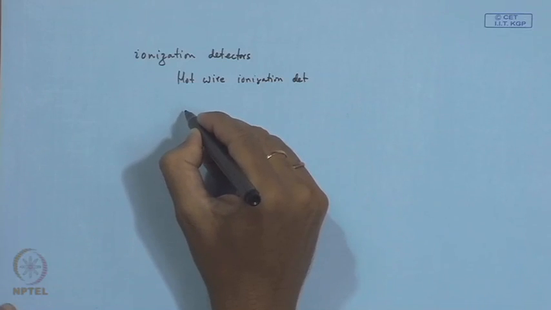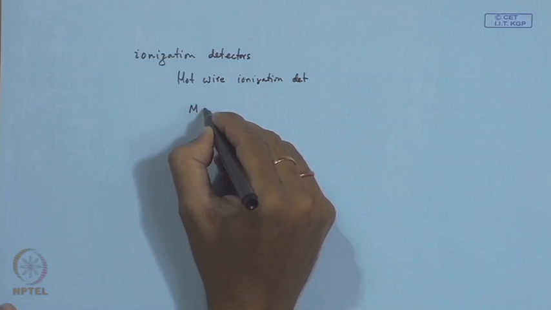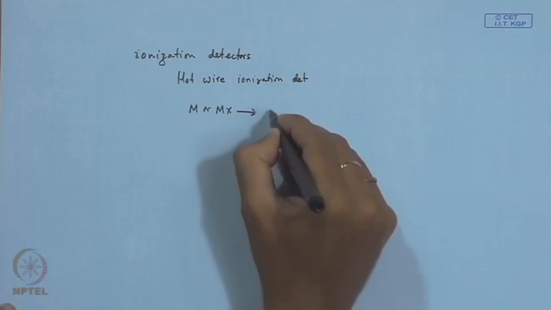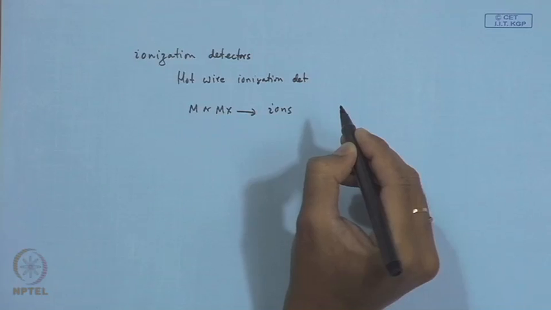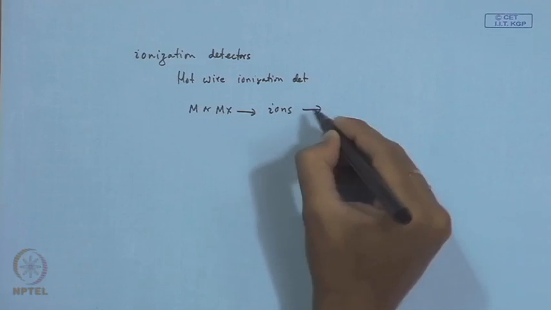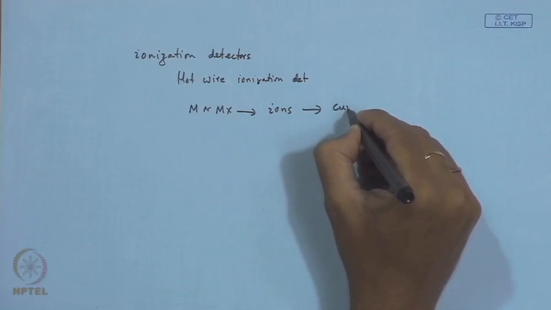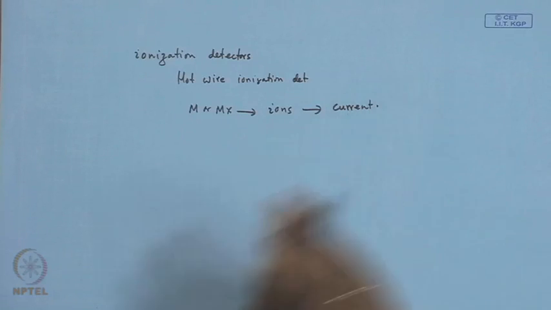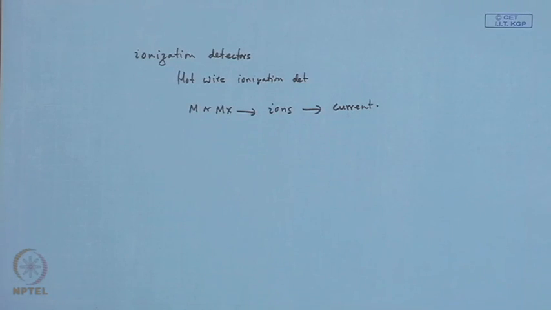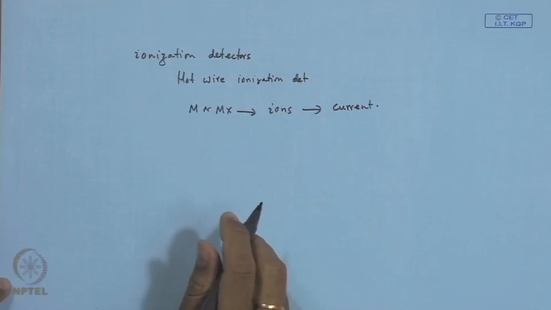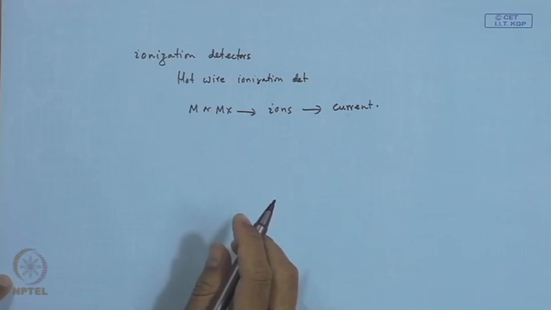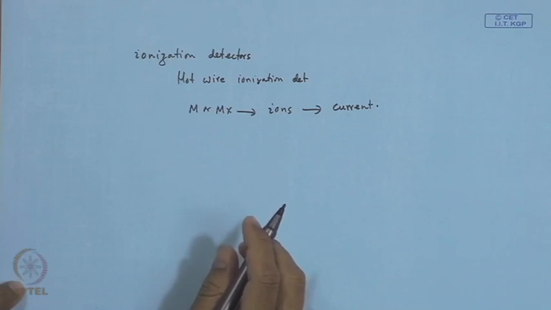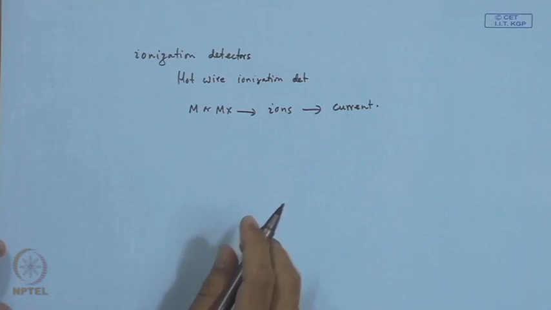Okay. So maybe M or MX ions. Then this ion generates some current. This way you can measure using hot wire ionization, and it has good angular resolution, but energy resolution wise it is not that great.